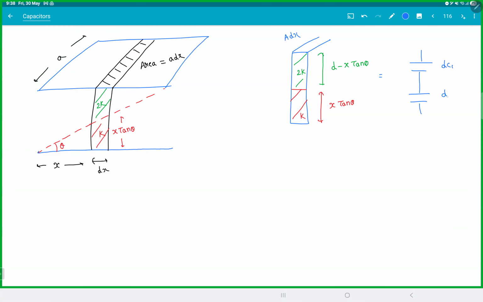This is dC1 and this is dC2. dC1 will be area A dx, with 2K epsilon as the medium, A epsilon by distance d minus x tan theta. dC2 will be A dx K epsilon by x tan theta. And what is tan theta? This distance is d, so tan theta is d by a.